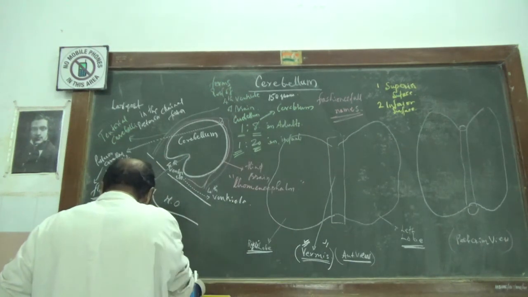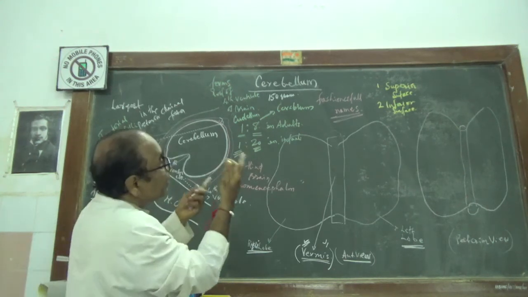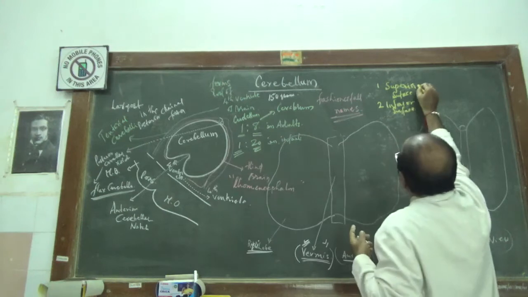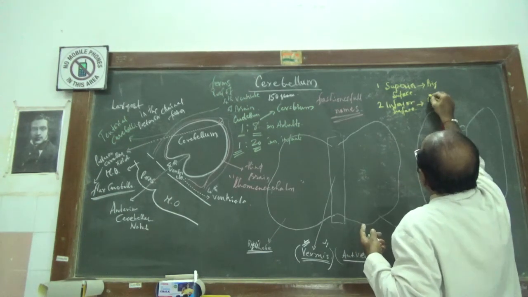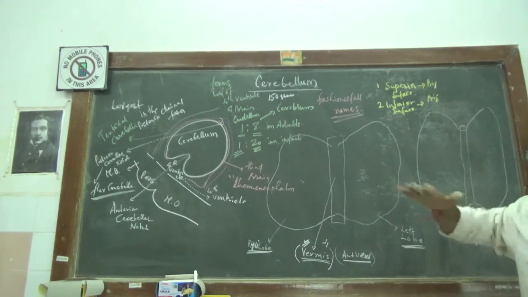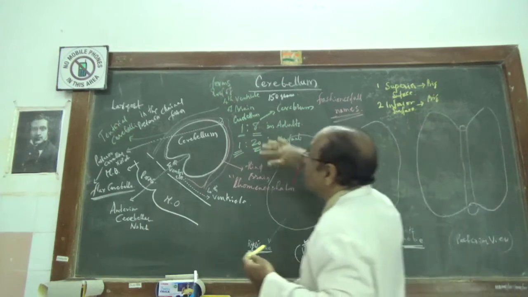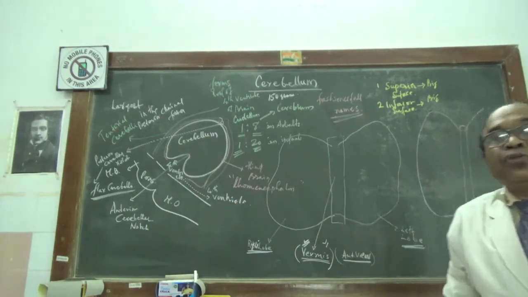These superior and inferior surfaces are big, they are occupying a large area. Why are they big? Because the tentorium cerebelli spreads over it.